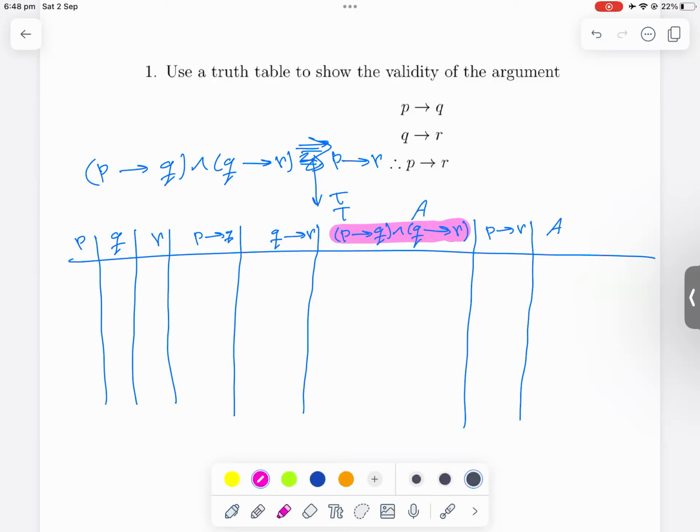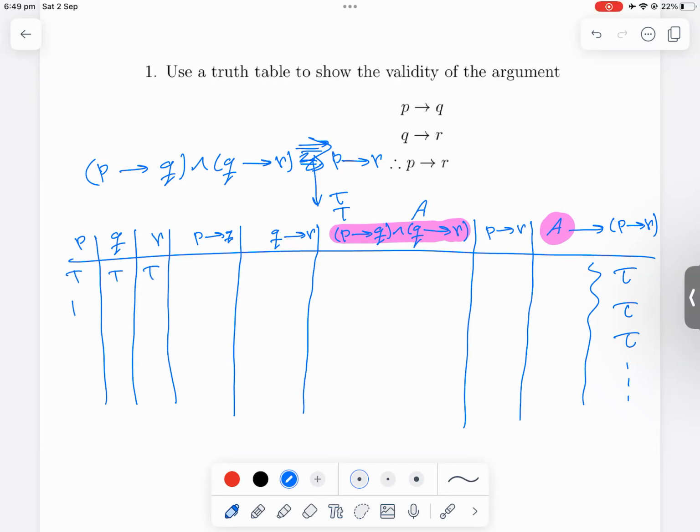So this should be A to P to R. You need to say this column must be all true. So for this one, you can say T, T, T, T, T, F, then T, F, T, T, F, F.